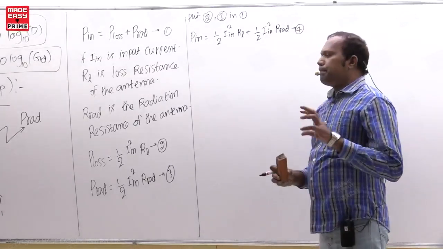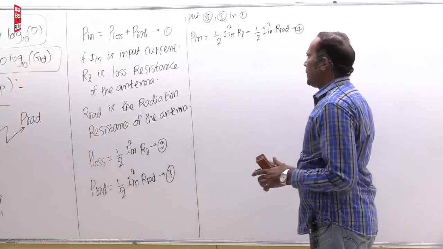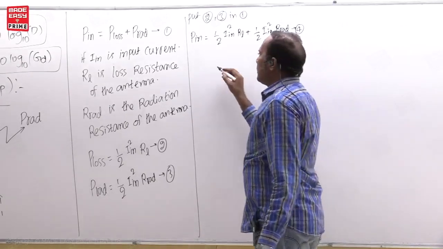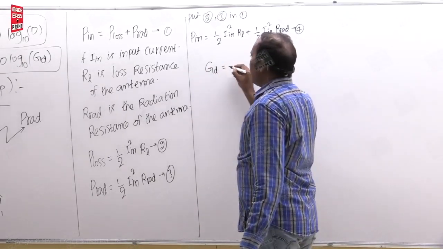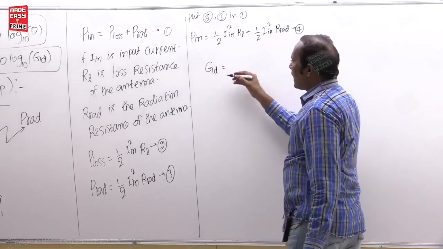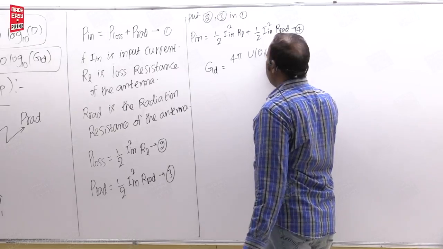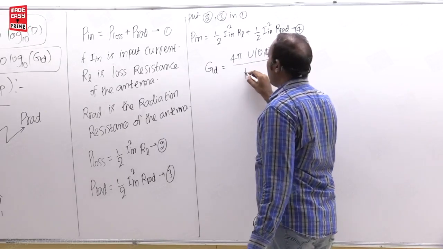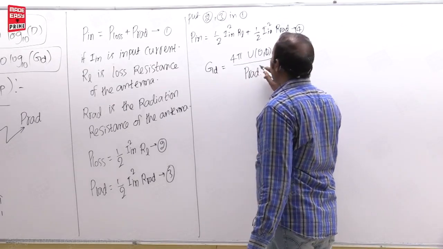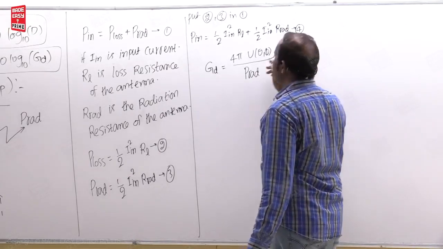Now actually the discussion is like this, students. You know that directive gain is defined as 4 pi into radiation intensity in any direction divided by power radiated. This definition has some issue.